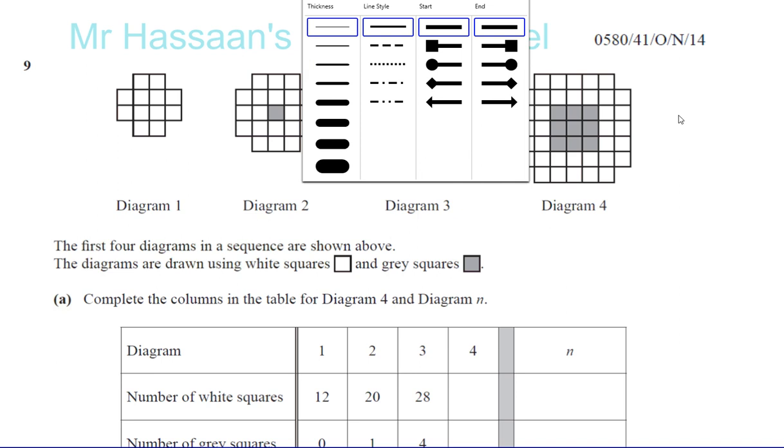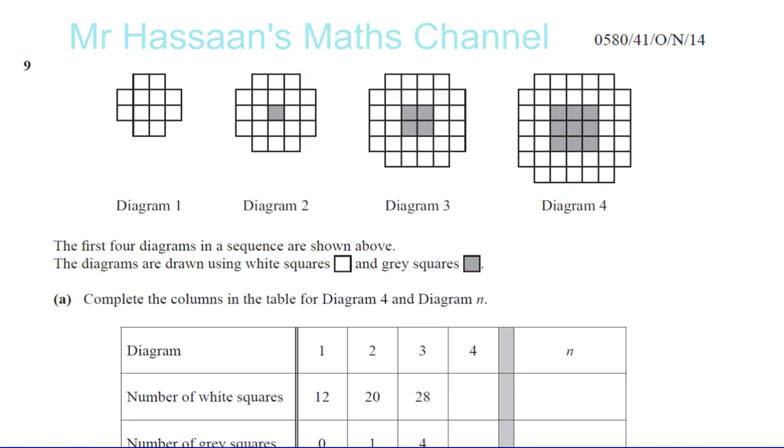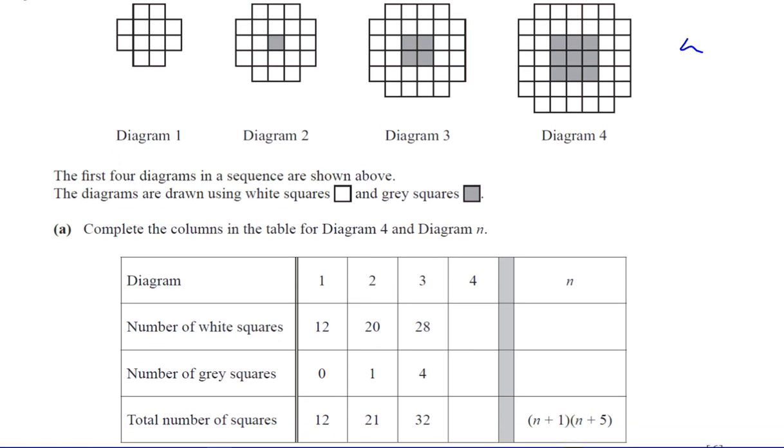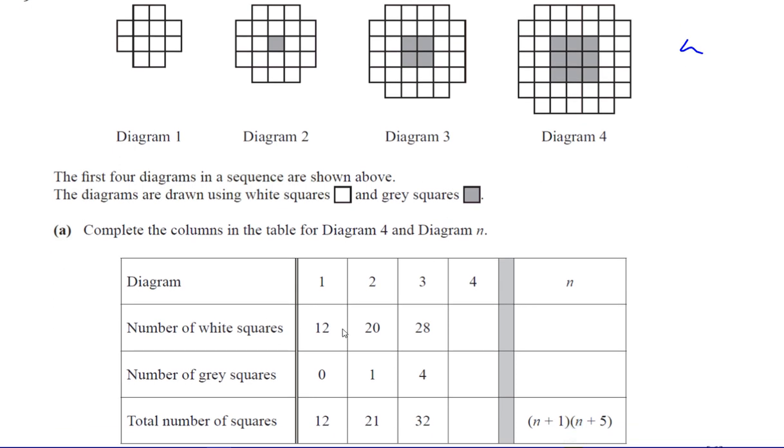Okay, so let's look at this. For diagram 1, the number of white squares: 12, then 20, then 28.